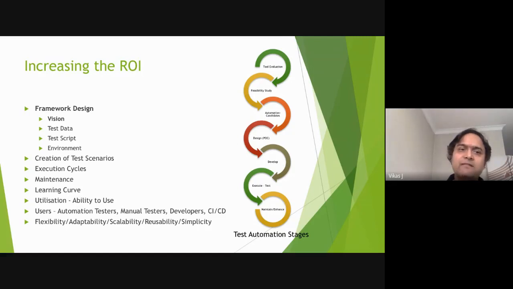So if we are having a futuristic view, these are the abilities that the automation framework must have. Otherwise, we are lagging behind in one field or the other. So these are the underlying design principles that we have to consider.